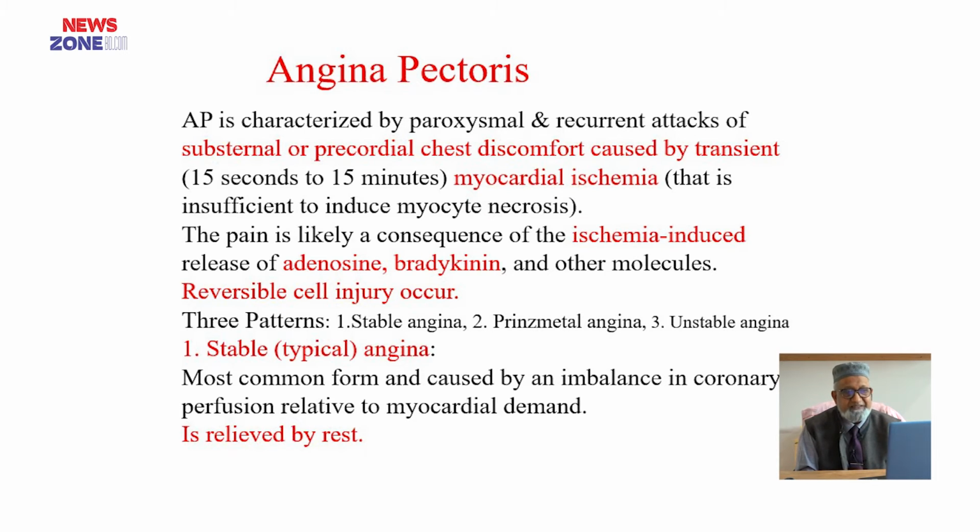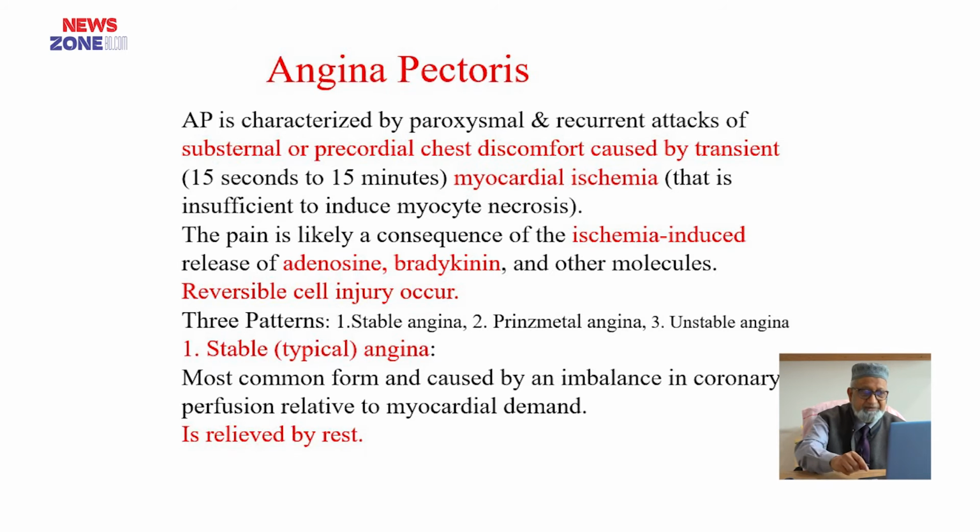Usually we find three patterns: stable angina, Prinzmetal angina and unstable angina. Stable angina is the typical form, most common, and caused by an imbalance in coronary perfusion relative to myocardial demand. And thank God, it is relieved by rest.